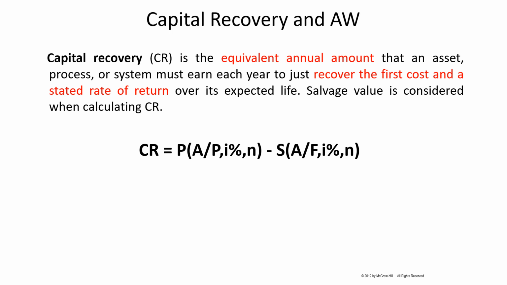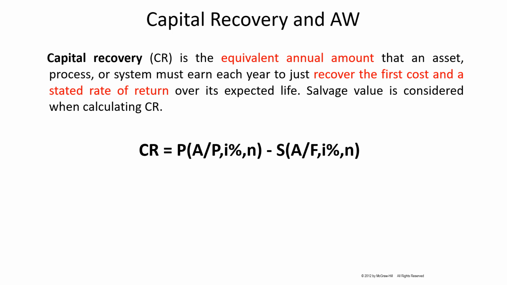If you wanted to find F given A, the F that you'd be finding is in the same year as the last amount. That's a little bit different from how P works with an annual series, where P is a year before the annual series begins. In the case of future values, it would be in the last year of the annual series.